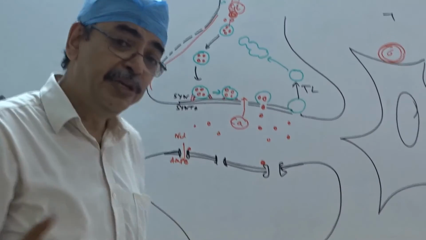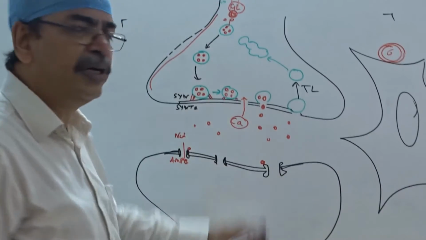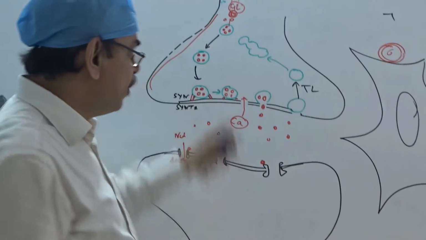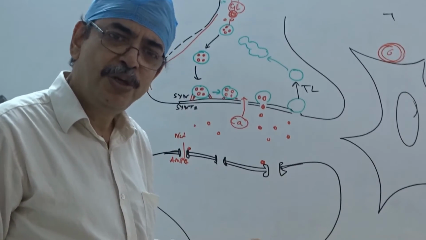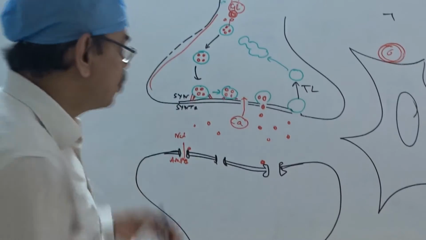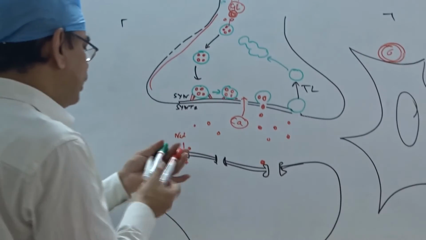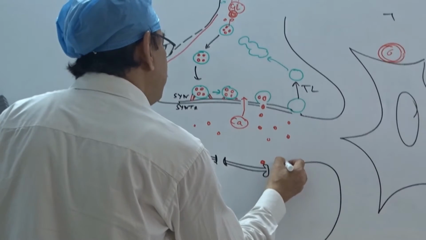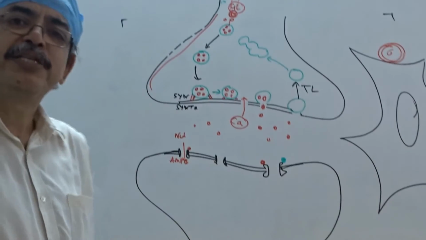There are also some inhibitory neurotransmitters that are liberated. GABA is produced by the decarboxylation of the glutamates. Glycine is also inhibitory. So glycine and GABA are also there. But remember, glycine is excitatory at the NMDA receptor.